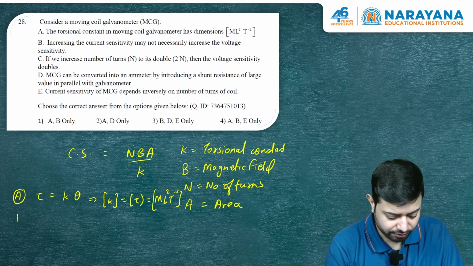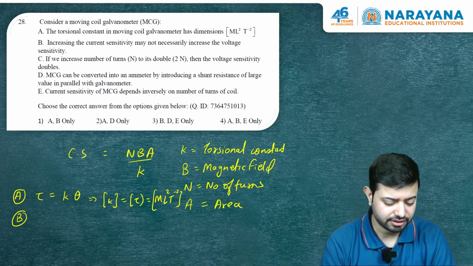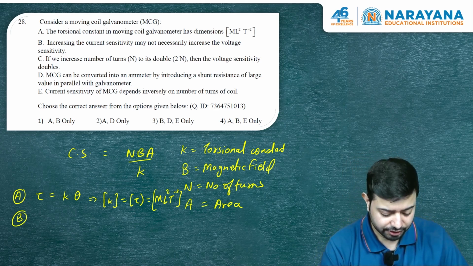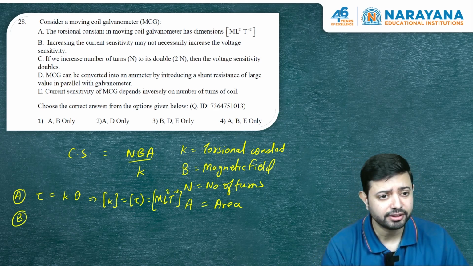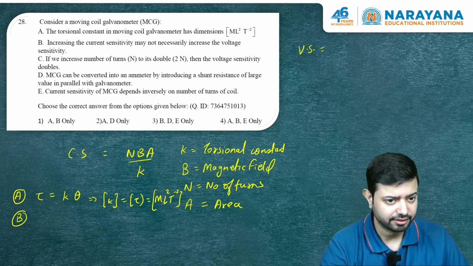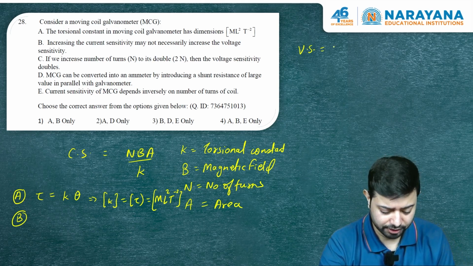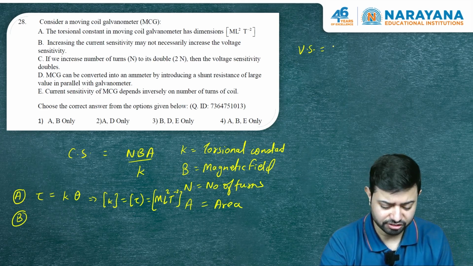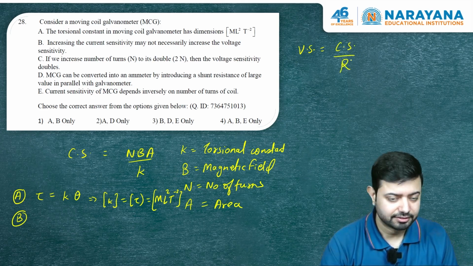Then the next option, if I check it out: increasing the current sensitivity may not necessarily increase the voltage sensitivity. We have seen the formula of current sensitivity. What about the voltage sensitivity? Well, voltage sensitivity is nothing but current sensitivity divided by the resistance.